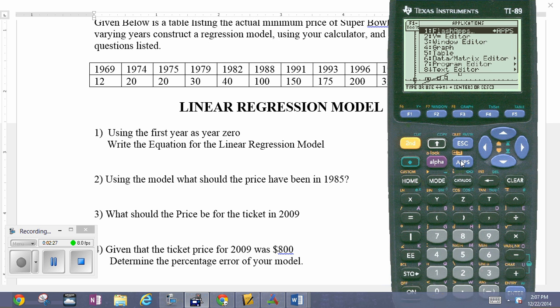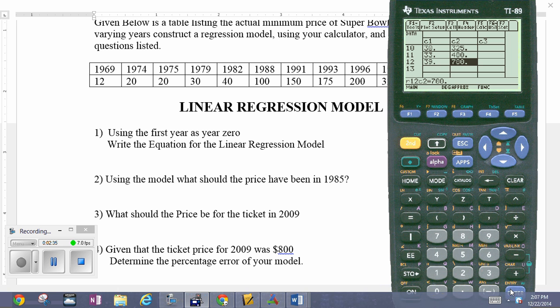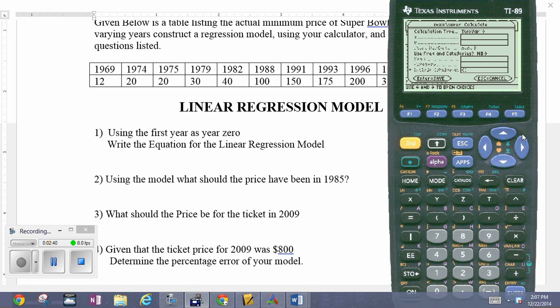So let's go back to our data matrix, open up our data, and let's try another regression. We're keeping the same data. F5 this time. We're going to try an exponential regression, which will be option 4 here.